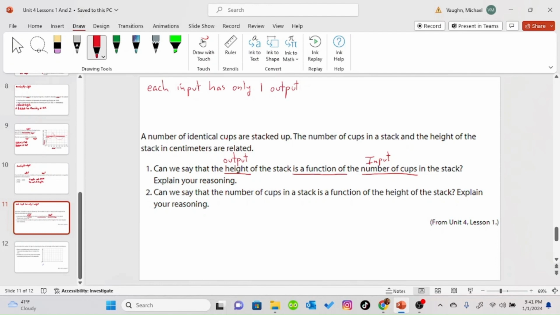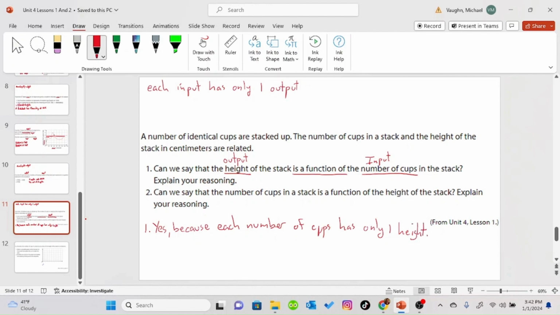I couldn't have 5 cups and have it be 6 centimeters and 10 centimeters. So for number 1, yes, it is a function because each number of cups has only one height.